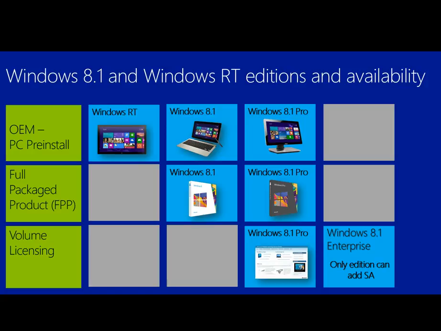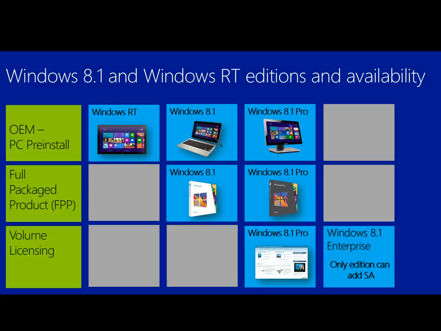The answer is no, because with volume licensing you need to have a base license, which means you need to have an OEM or FPP first if it's a new machine. So if I want to have an Enterprise Edition, I need to buy a Windows 8.1 Pro OEM or Windows 8.1 FPP.